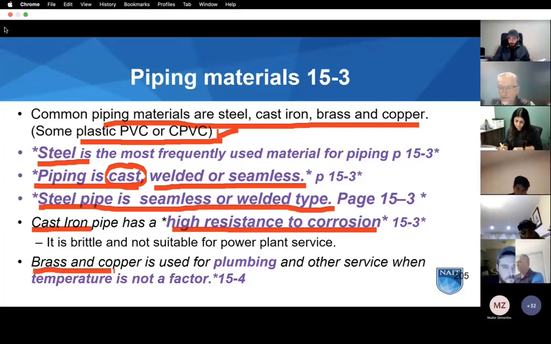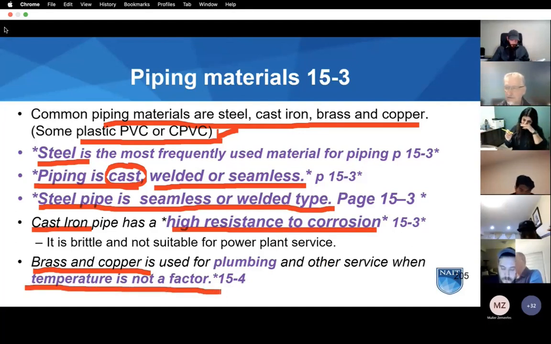Sometimes brass and copper. When I originally started working in these big plants, the control instrumentation connection of choice was a tiny little 1/4-inch copper tubing. Copper is an interesting material. One of the things about copper is it does not handle high temperature very well.